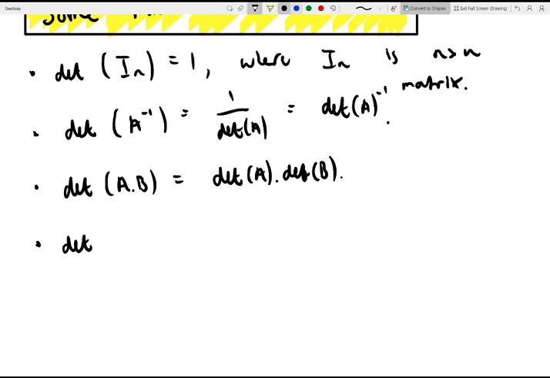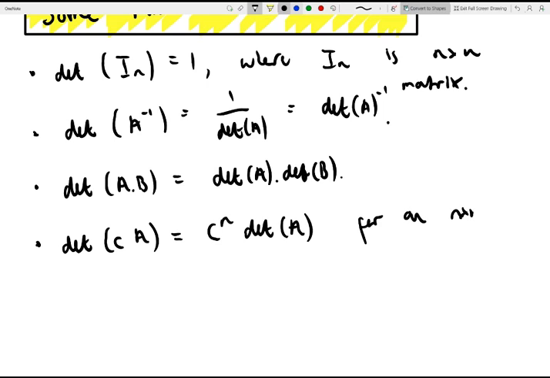And the determinant of a scalar multiplied by the matrix A is the scalar to the power of n, where n is the size of the matrix A, times the determinant of A, like we said, for an n by n matrix.